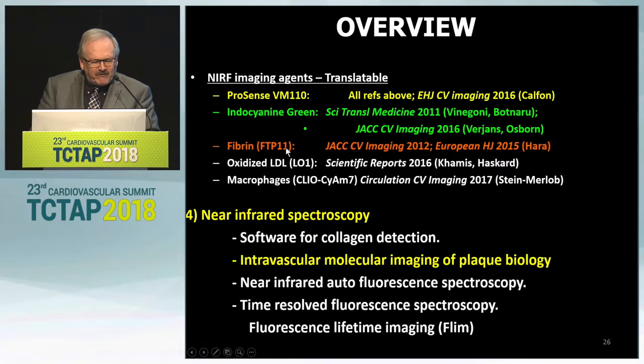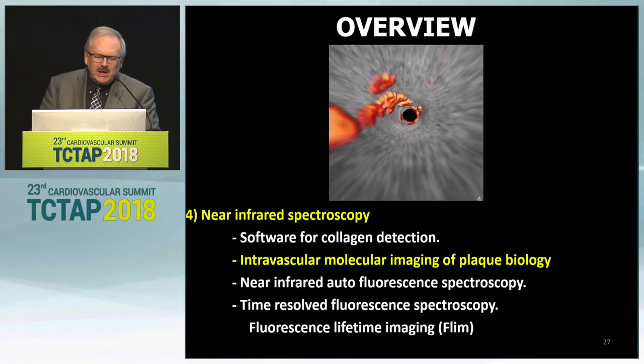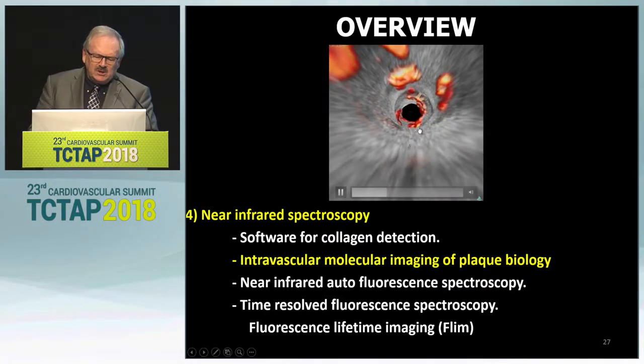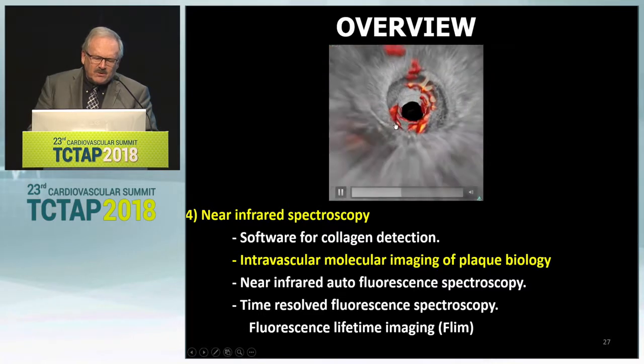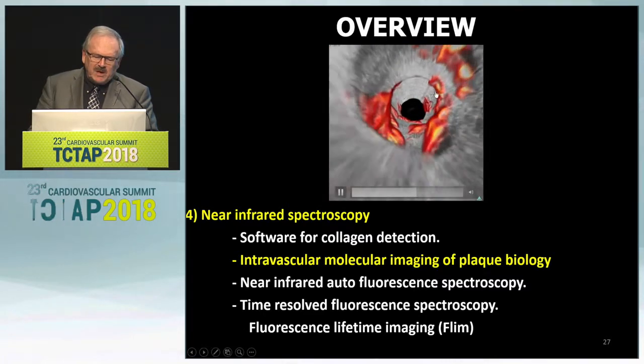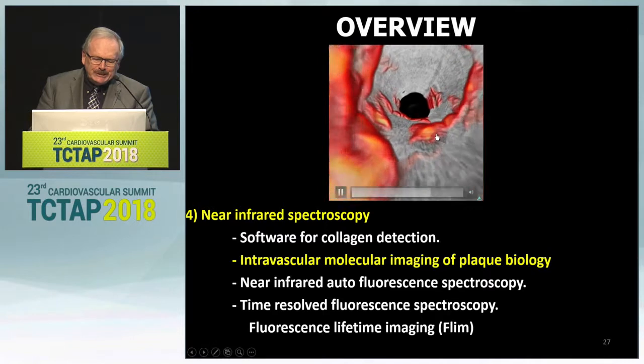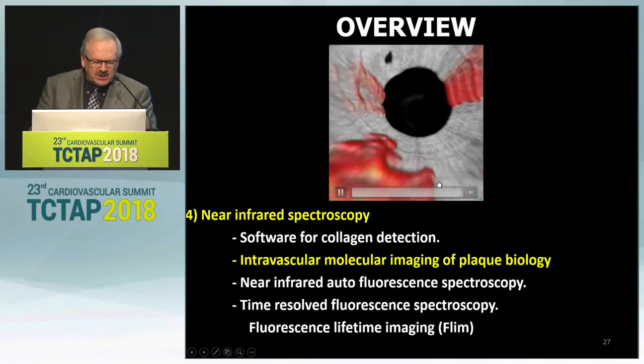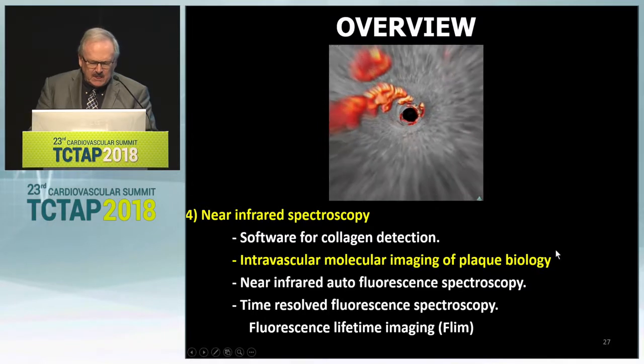You can detect fibrin, you can detect oxidized LDL, you can detect macrophage. I'll just show one example of an OCT pullback, which has been labeled the day before the sacrifice with the compound, so you could detect the cathepsin in this early stage of the disease.